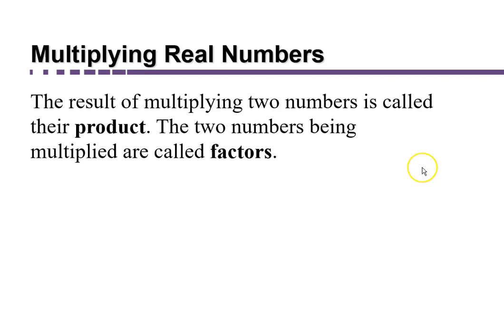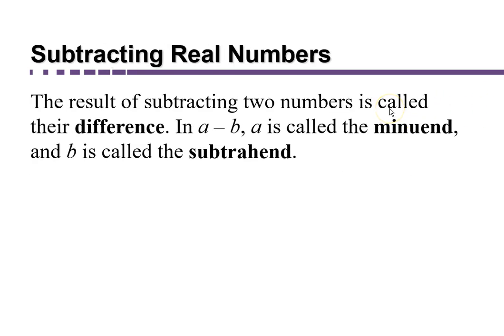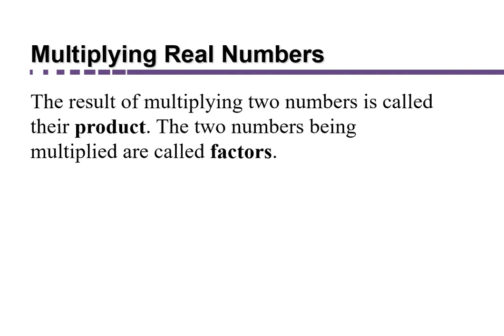Now, when we multiply real numbers, the result of multiplying the numbers is called the product. That's the result of multiplying two numbers. And the two numbers that we're using are called factors.